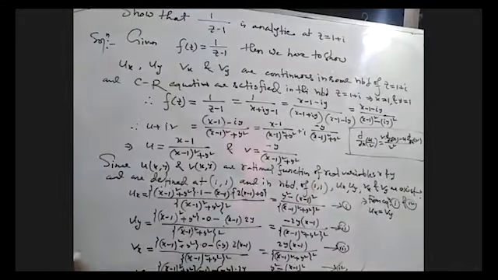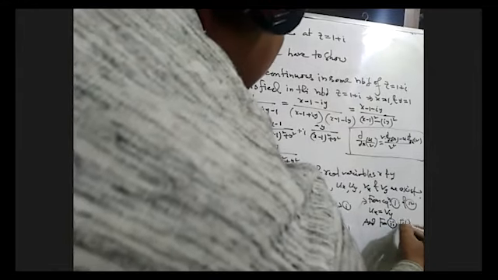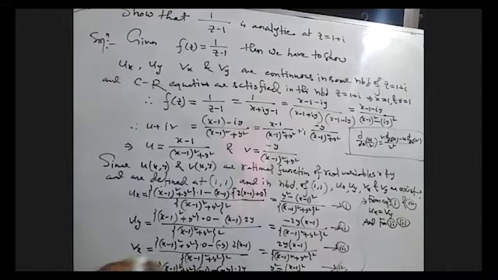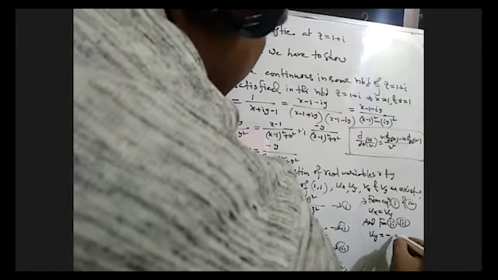And from 2 and 3, we find partial differentiation of u with respect to y equals minus partial differentiation of b with respect to x.